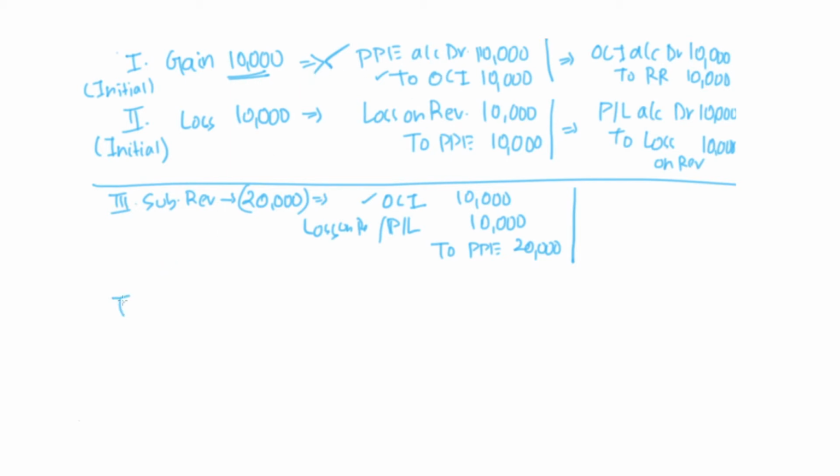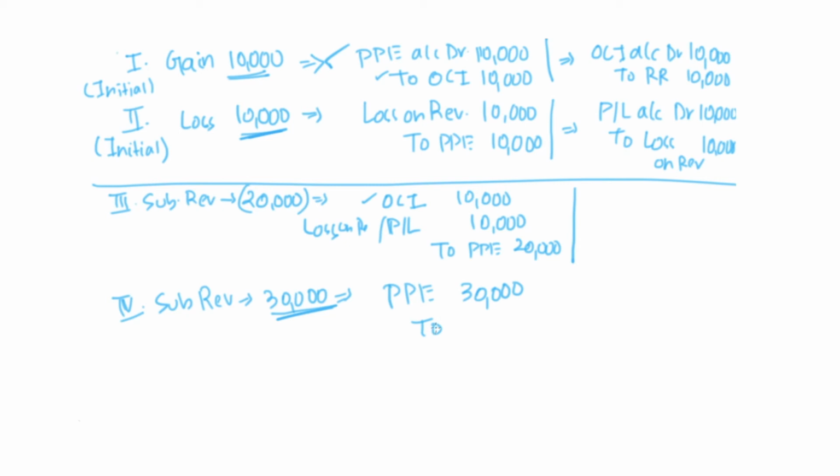Now let's move on and discuss the fourth scenario. Suppose when we make the subsequent revaluation, we had a gain of $30,000. So initially we had a loss of $10,000 and when we subsequently revalued it, we have a gain of $30,000. Now how to account for this transaction? First, we will upward revalue the PP&E by $30,000.